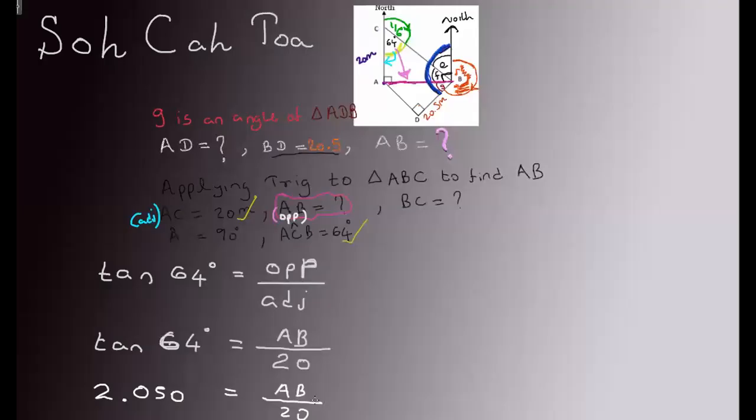All right, so I don't have space downwards, so let me take the workings here. So what do we have? We have 2.050 is equal to AB over 20.